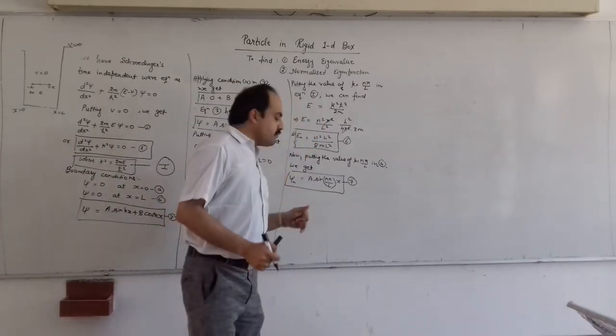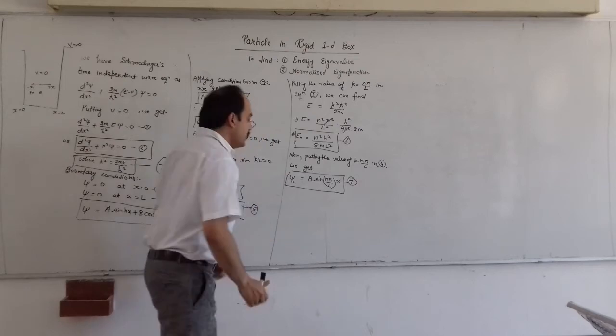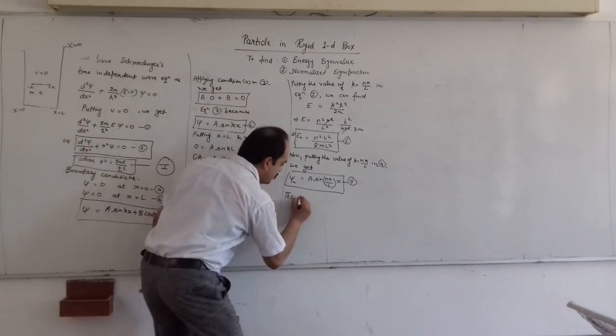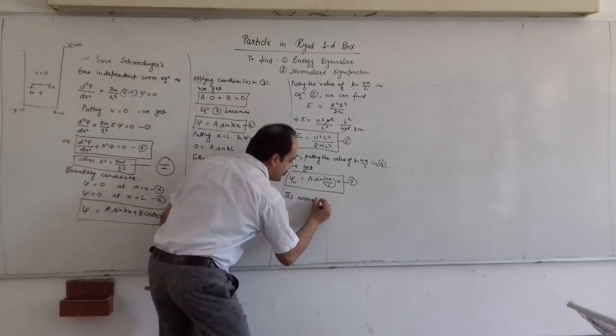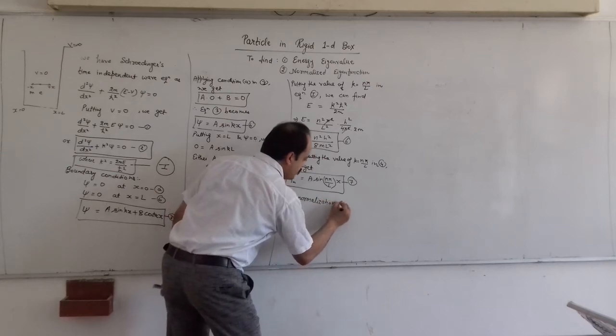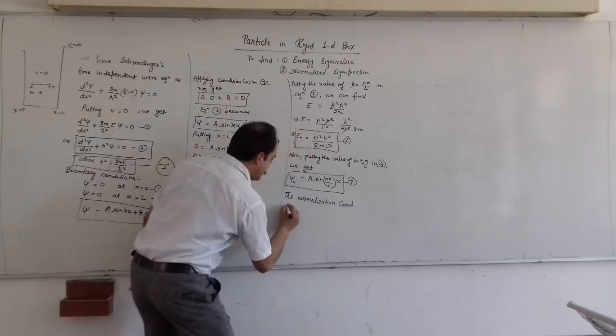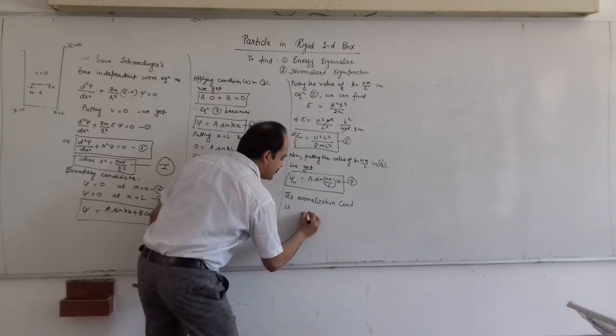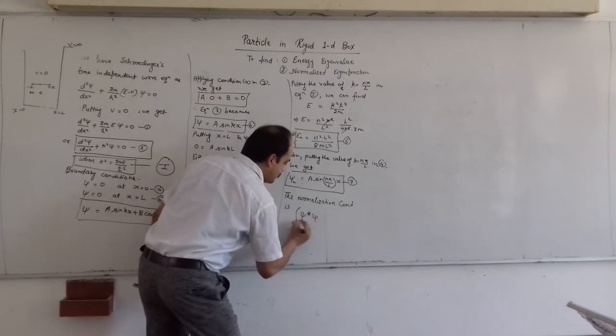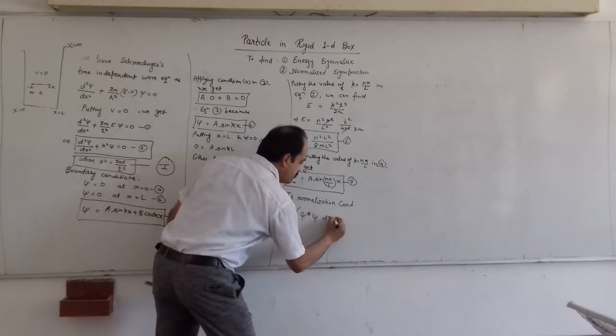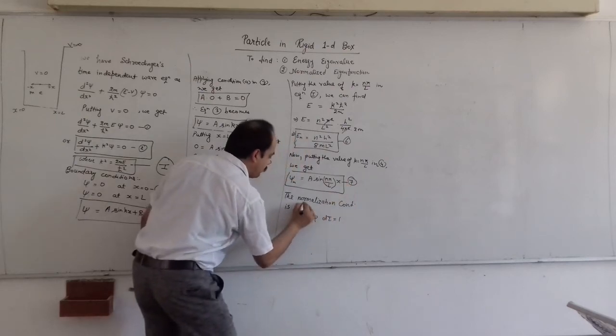Let us normalize this wave function to find out the value of A. So the normalization condition is integration of psi star psi d tau is equal to 1 from minus infinity to infinity.